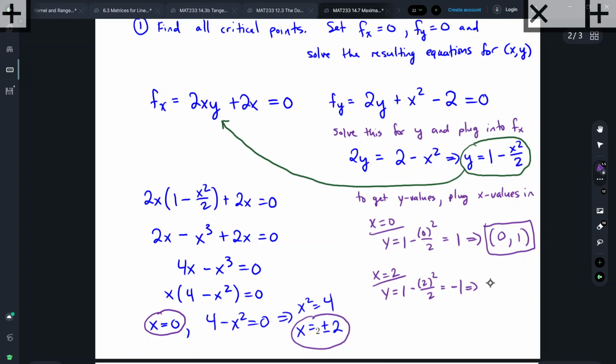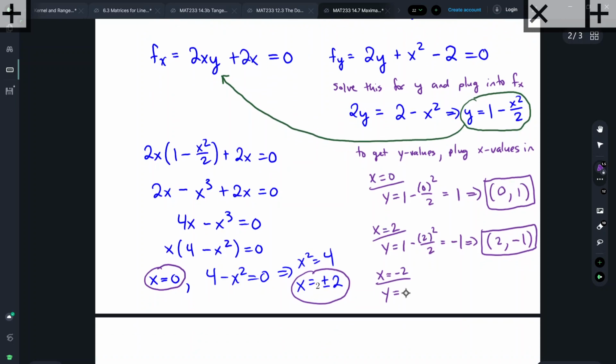Okay, so I get the coordinates 2 comma negative 1. And then finally, when x is negative 2, you get y is equal to 1 minus negative 2 squared over 2. So essentially this is the same calculation, so this comes out to negative 1. So I get the point negative 2 comma negative 1.